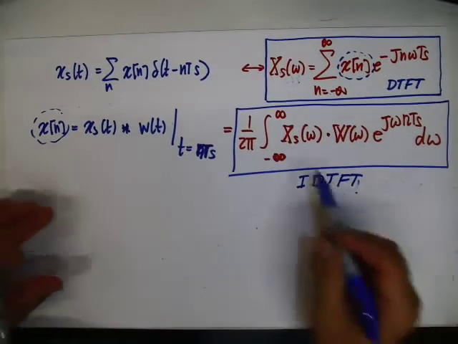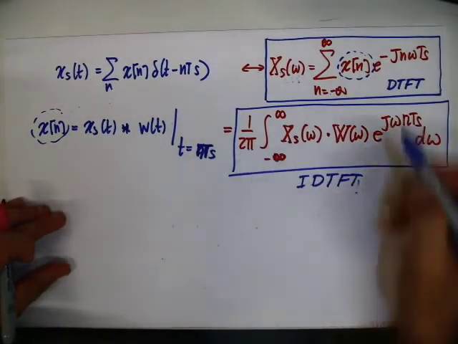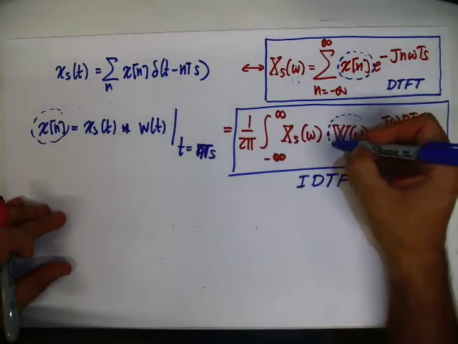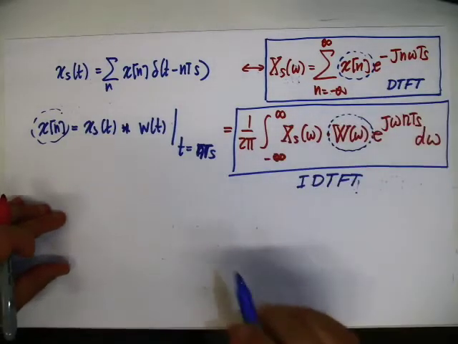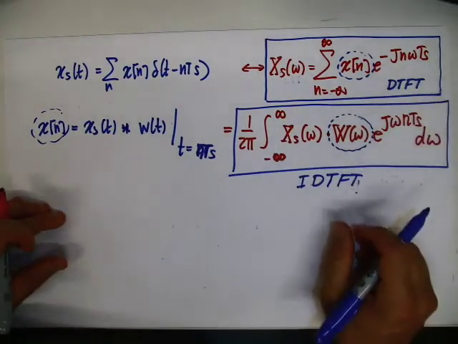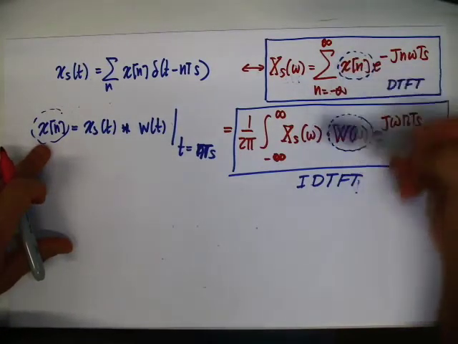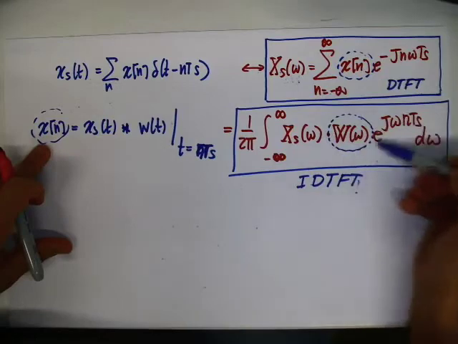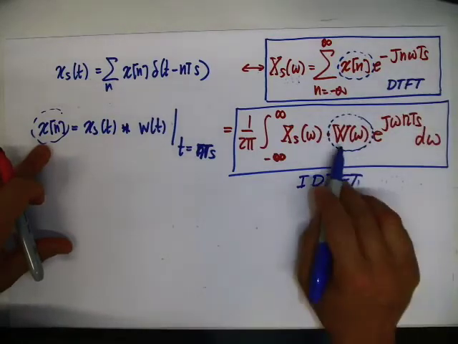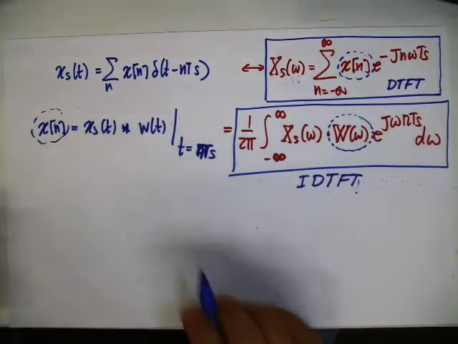And as you can see, there are infinite choices for this window, but they will still give you the same signal. So the correspondence here is still one-to-one, but there are infinite choices of the window.